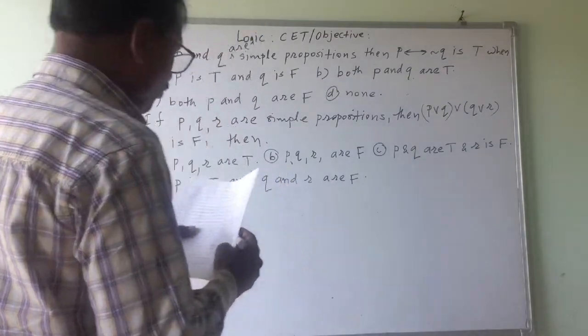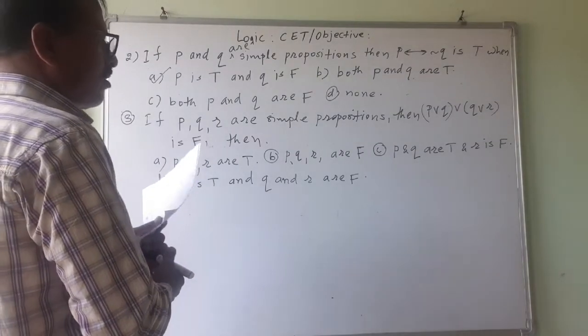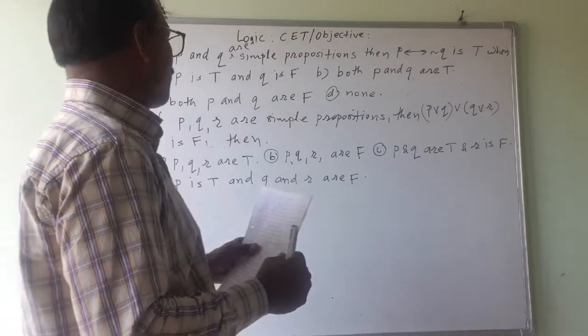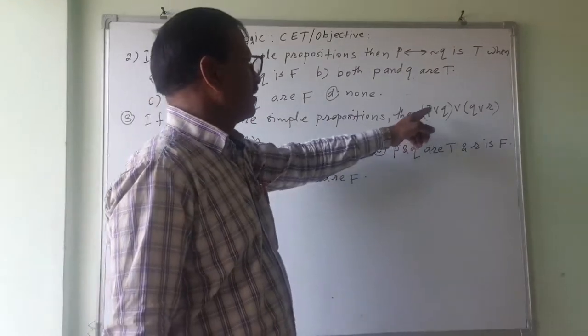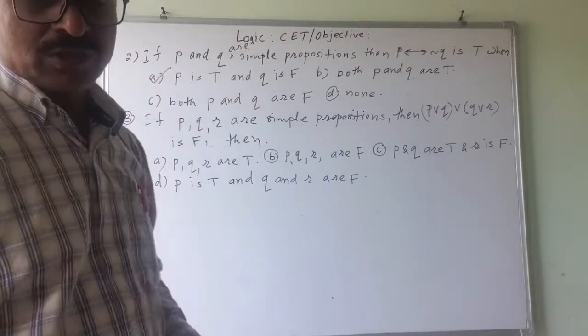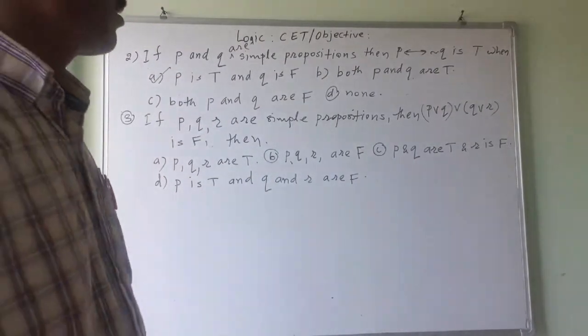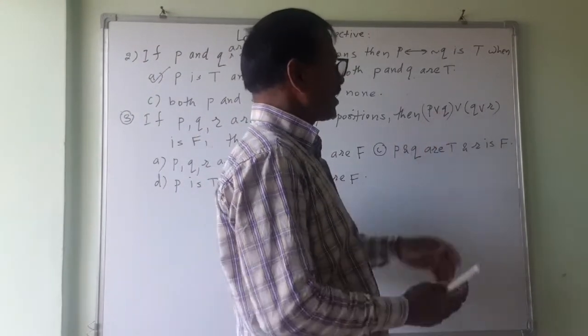So which one would be correct? I want them to be false. P, Q, R are simple propositions, then this combination is becoming false. When is it possible, that I have to see. They are all circuits. All circuits means parallel.